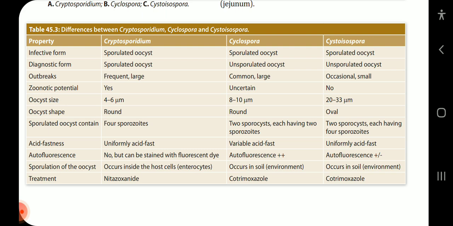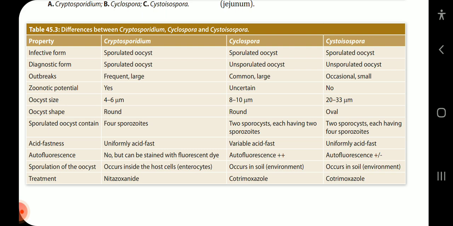Acid fastness: uniformly acid fast are Cryptosporidium, variable acid fast are Cyclospora, and uniformly acid fast are Cystoisospora. Autofluorescence: no, but can be stained with fluorescent dye, about Cryptosporidium; autofluorescence present in Cyclospora, and autofluorescence may be present or not in Cystoisospora.